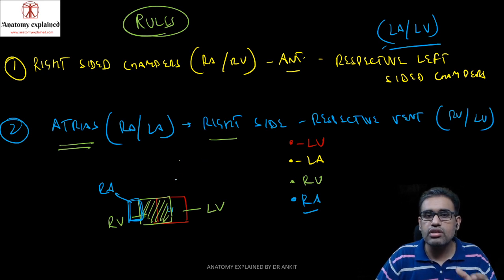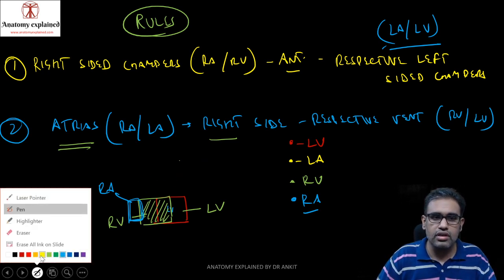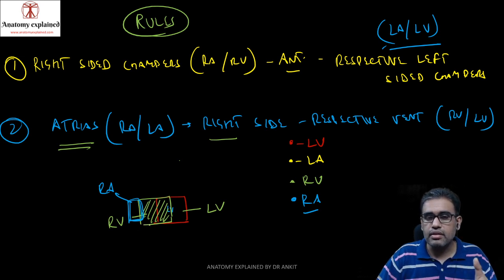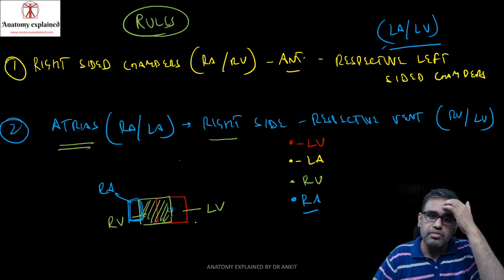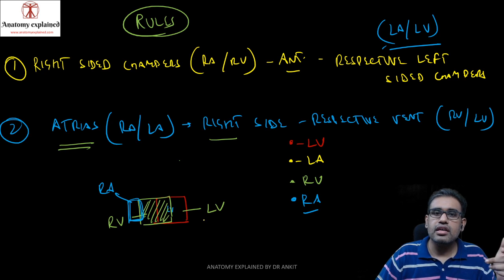Now if we take the left atrium, which was this yellow color, you have to understand that the left ventricle is already posterior, because the first rule said that the left-sided chambers are slightly posterior. When the left ventricle is posterior, and to the right of the left ventricle you have the left atrium, by the second rule, the left atrium would be shown by a small circle over here, present posteriorly, LA.